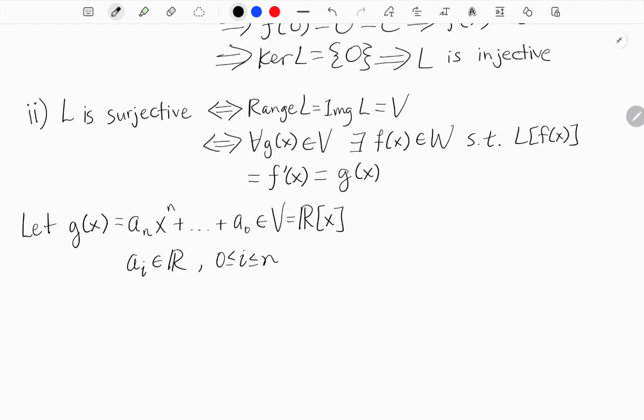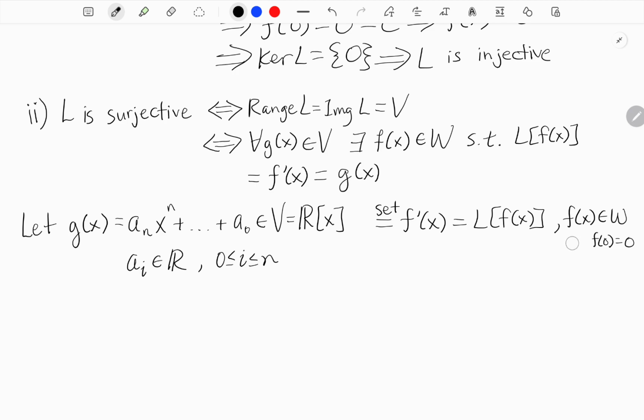Let's set this equal to f prime of x, where f of x is in W. F prime of x is equal to L of f of x, where f of x is in W, which obviously implies that f of 0 is equal to 0.